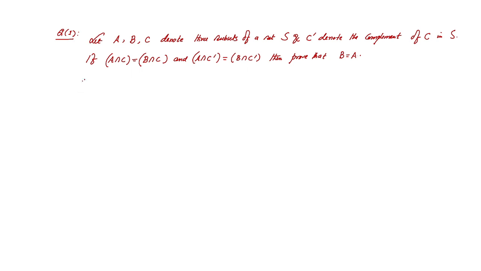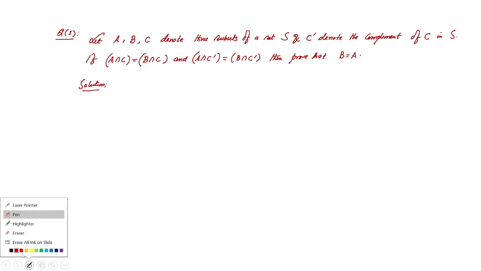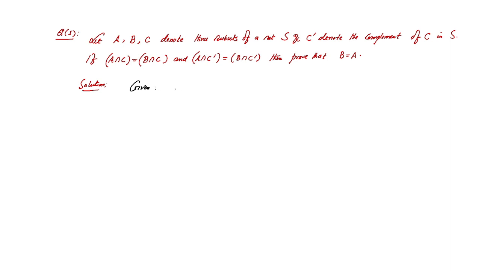So now how to solve this kind of problem? What is exactly given? It is given that A, B and C are subsets of the universal set S, and the second information is C complement.